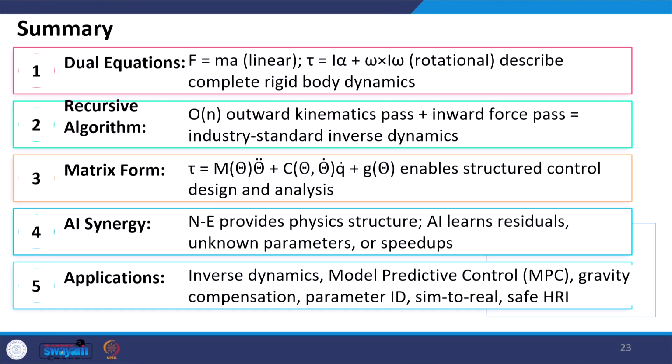So, to summarize, the Newton-Euler equations describe the complete rigid body dynamics. These two dual equations describe the complete rigid body dynamics. They are a recursive algorithm, as we have seen. First we move outward and then we move inward. The equations can be written in matrix form, and this helps us in structured controller design and analysis.